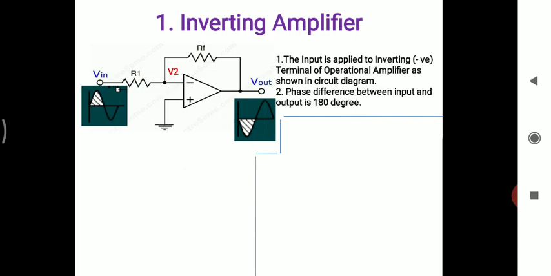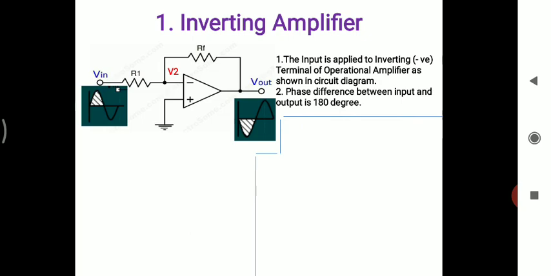So how are we going to define the inverting amplifier now? The first thing is that the input voltage Vin is connected to the inverting or negative terminal of the operational amplifier as shown in the circuit diagram, and also the phase difference between input and output is 180 degrees apart.